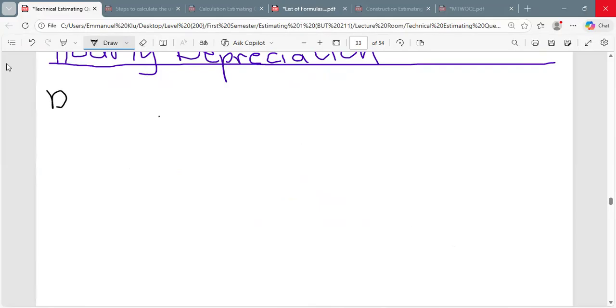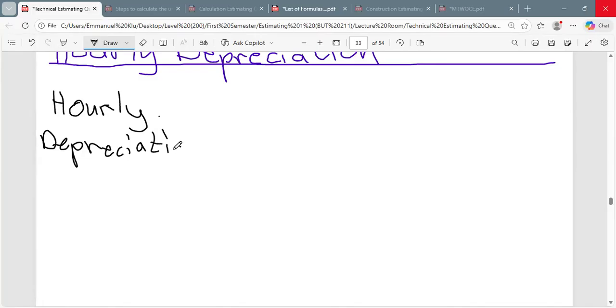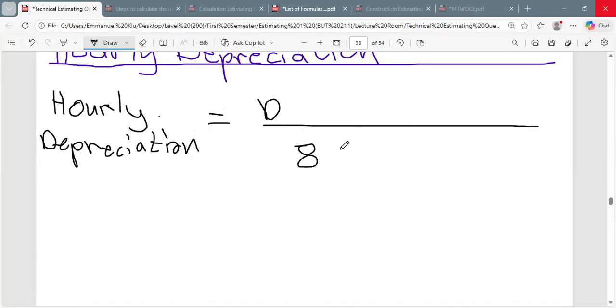So our hourly depreciation is equal to the daily depreciation over the 8 hours.